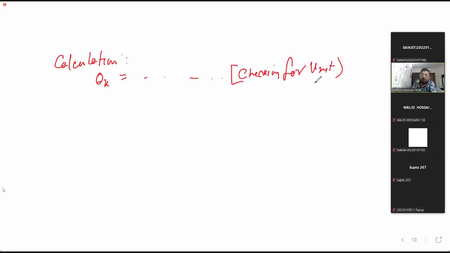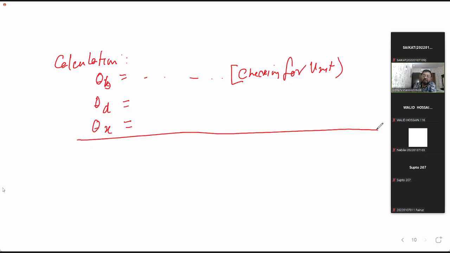Again, I am saying for all calculations, you will check the units. First we shall calculate the QB, then the QD, and we shall get the Qx value. Then we shall calculate the Q maximum and the P maximum.